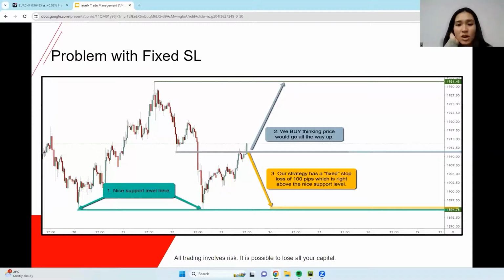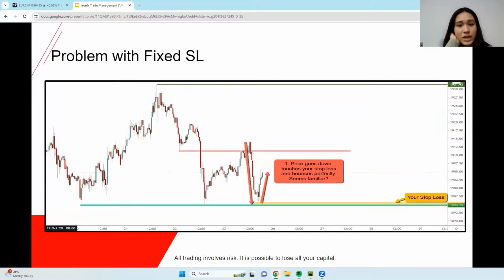Our stop loss of 100 pips is fixed at the 1894.75 level at the support level over here, this yellow highlighted area. Price goes down instead, touches the stop loss, and perfectly bounces off from the support.